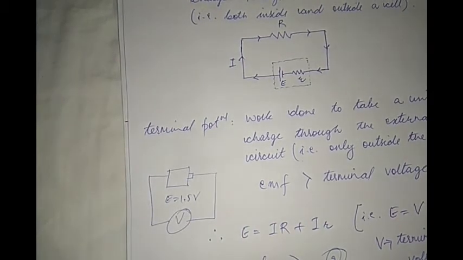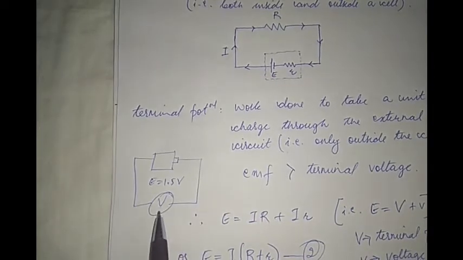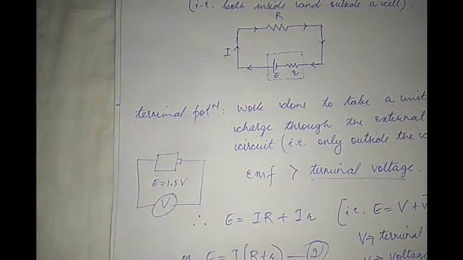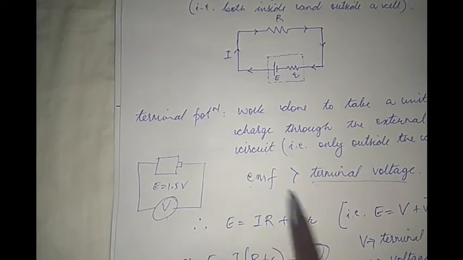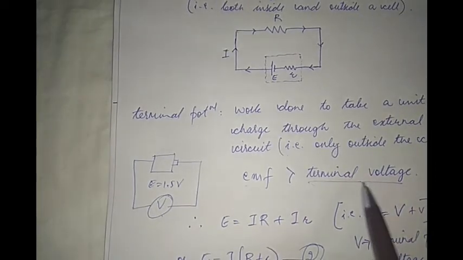The value you will see will always be lesser than 1.5 volts, because what the voltmeter measures is always the terminal voltage. A voltmeter will not be able to measure the EMF of a cell, remember.